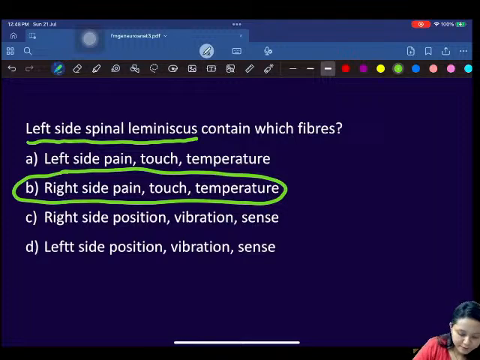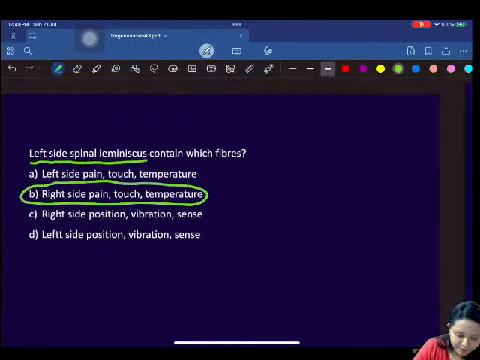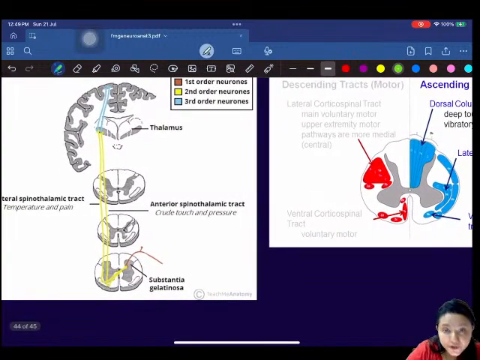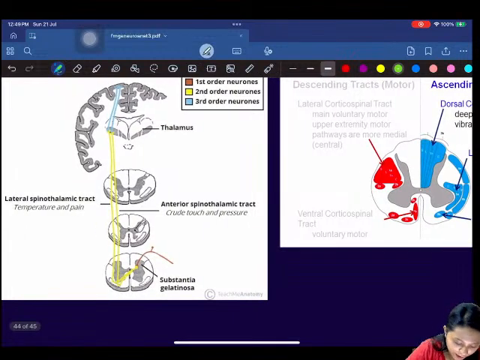So let us come to what the lemniscus is. You can see here there are different orders of neurons. You have the first order neuron, then the second order neuron, and then the third order neuron.